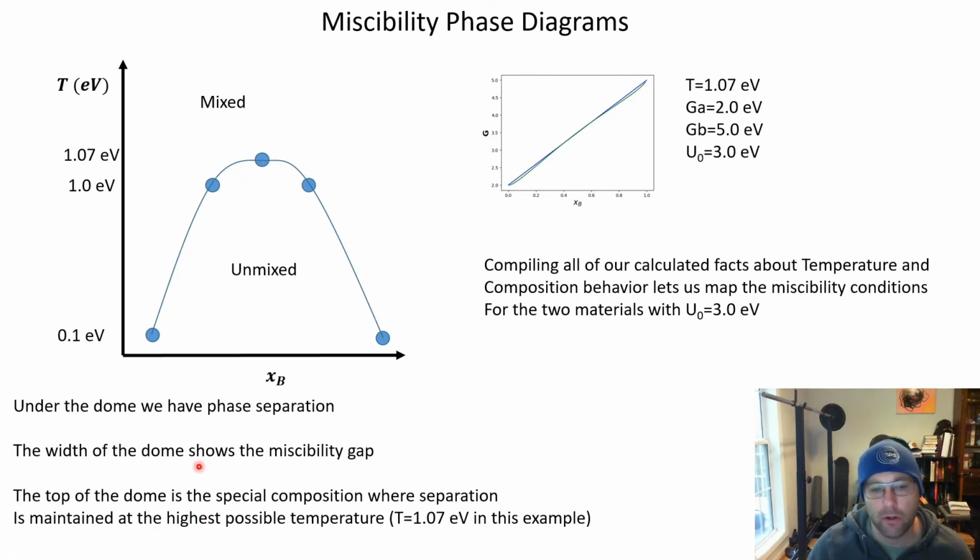And so the basic point is that the top of the dome is the composition where you can maintain separation at the highest possible temperature. So this is a nice phase diagram that describes the mixing. Before we stop here, I want you to really go through and pay attention to what I said about these diagrams and how you would analyze them.